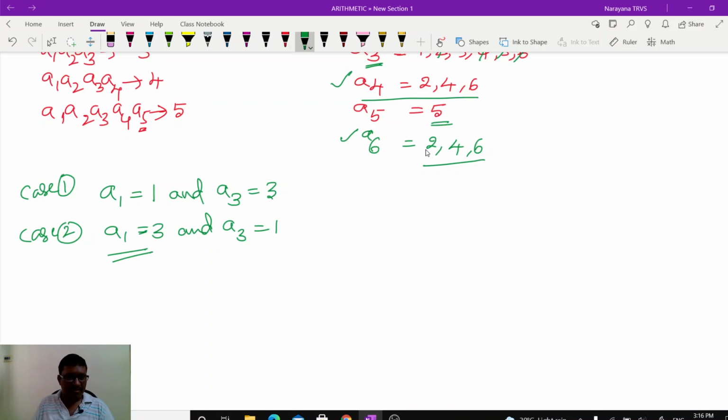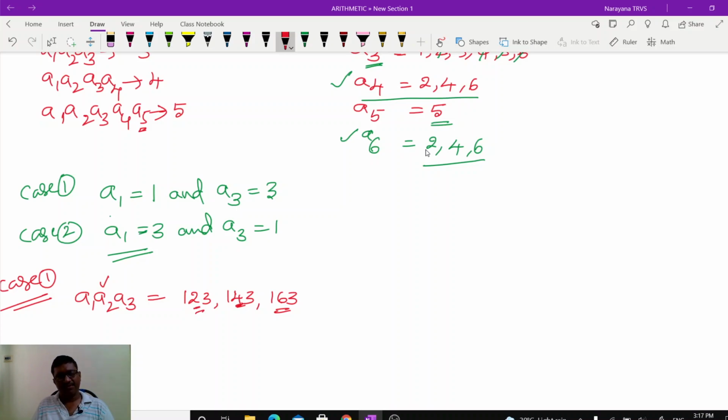Okay, now, if a1 is equal to 1 and a3 is equal to 3, therefore in case 1, a1, a2, a3 will be 1, 2, 3, where in the a2 place we write 2 as one digit, and another one 1, 4, 3, so there may be 4, and 1, 6, 3.